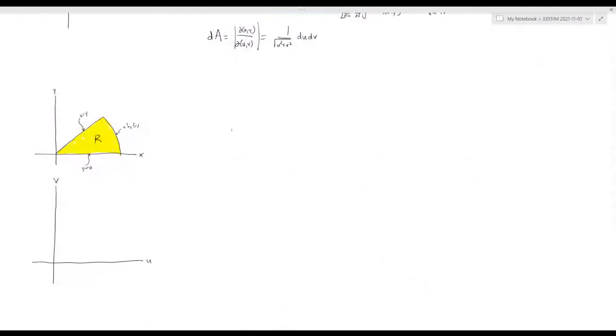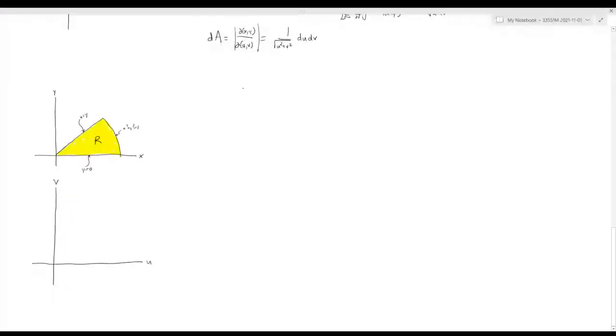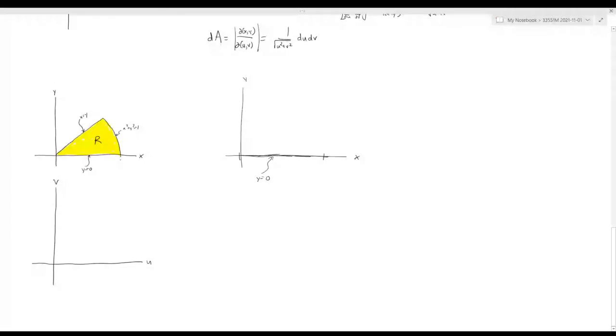So let's look at the first segment in the xy plane. Here we see that we're on the x-axis, so y will be 0, and x will go from 0 to 1.